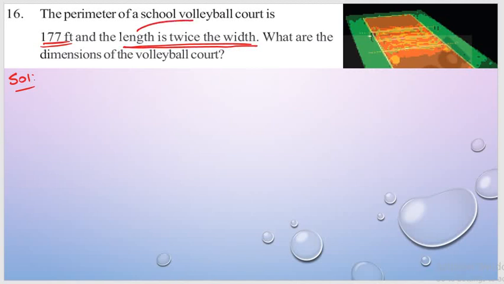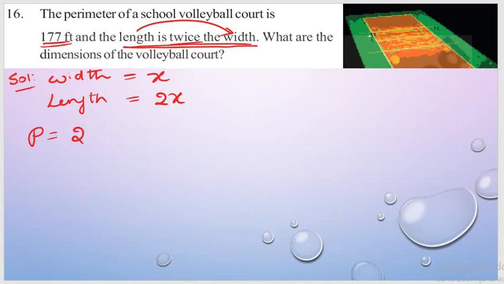That means the length is compared with the width, so we need to consider the width. Let the width be some x, then automatically the length will be twice its width. Twice means 2 times. Now we already know the perimeter is 2 times (length plus breadth), which is given as 177.